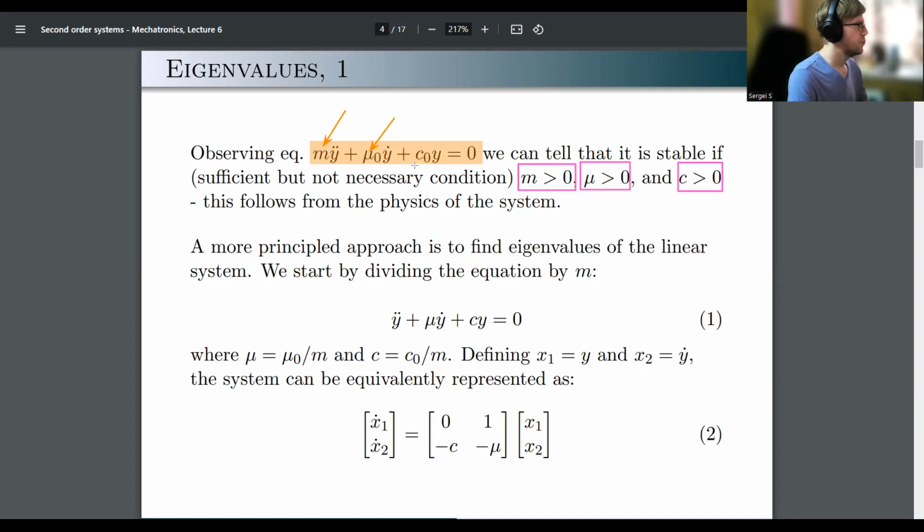The coefficient of viscous friction is positive, and spring stiffness is positive. That is, for a physical system like that, those three are always positive, right? And naturally, energy leaves the system. So the system with the friction, and here this term would specifically be viscous friction, linear viscous friction, eats away at the energy of the system.